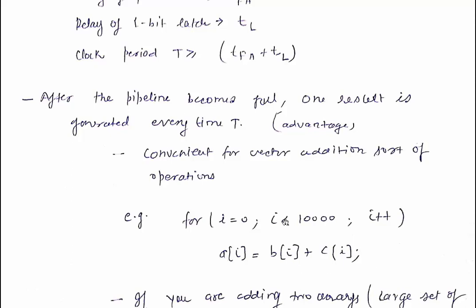This is your vector sort of operation. In these cases, this skewed ripple carry adder would be much more useful. You would have greater throughput, and it would be convenient for vector addition. The delay would be very less as compared to the non-pipeline fashion.